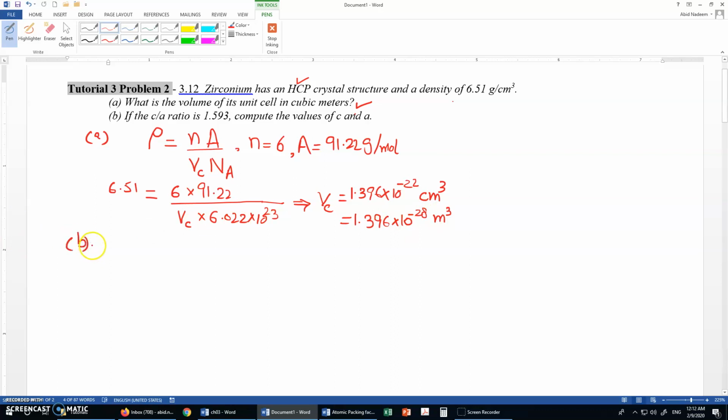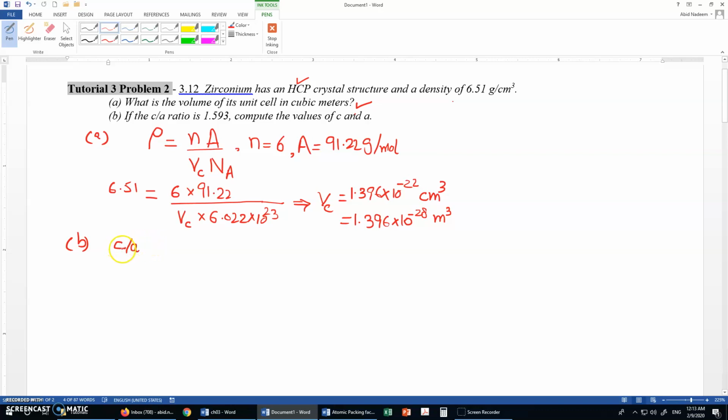Answer for part B. So what is asked? If C over A ratio is 1.593, compute the values of C and A. Remember that in HCP crystal structure, C over A is a parameter in the unit cell.